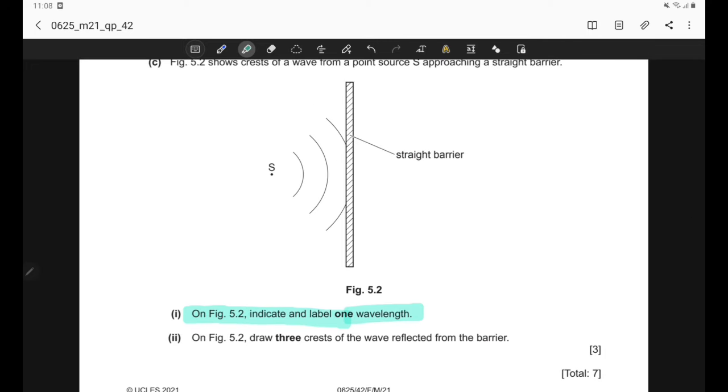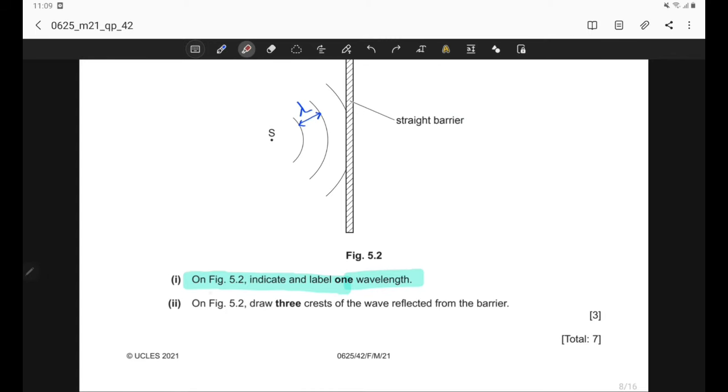It's mentioned that the crests are shown in the figure, and a wavelength is the distance between a crest to crest, or the distance between two consecutive crests is wavelength. So here, in order to indicate a wavelength, we just need to connect the distance between two consecutive crests, which is represented by lambda.